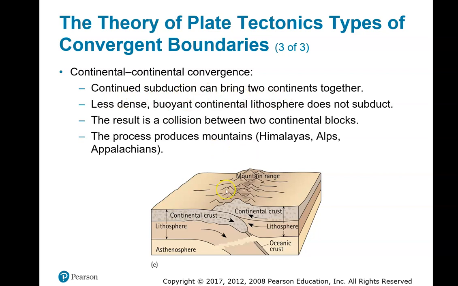Within the continents themselves, you can have two continents converging with each other. The less dense one will be on top. The more dense one will sink below, and then of course you'll have mountain building.